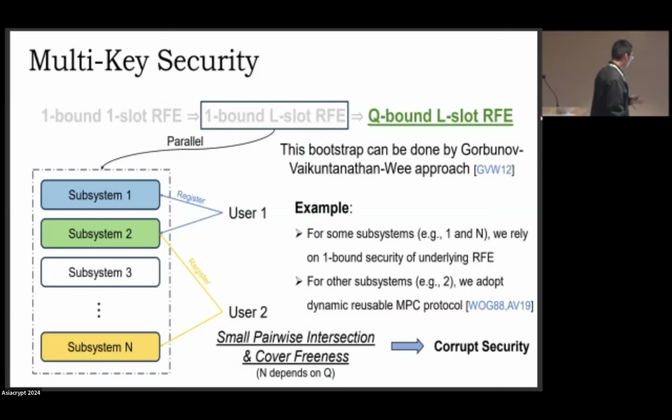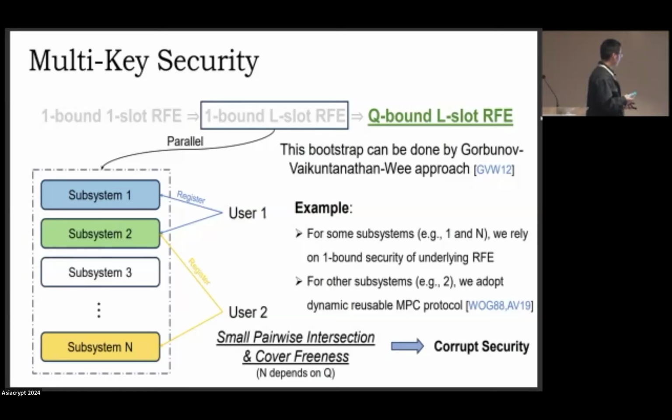This protocol needs to ensure that the register sets from user 1 and user 2 are chosen randomly and privately. It should ensure that small pairwise intersections and cover-freeness hold. So that's why our final construction only has the honest-but-curious property security.